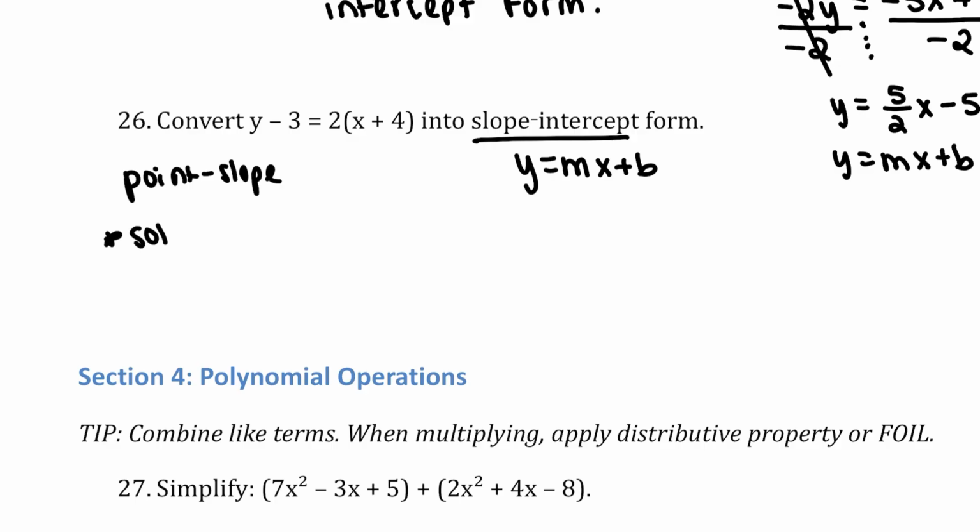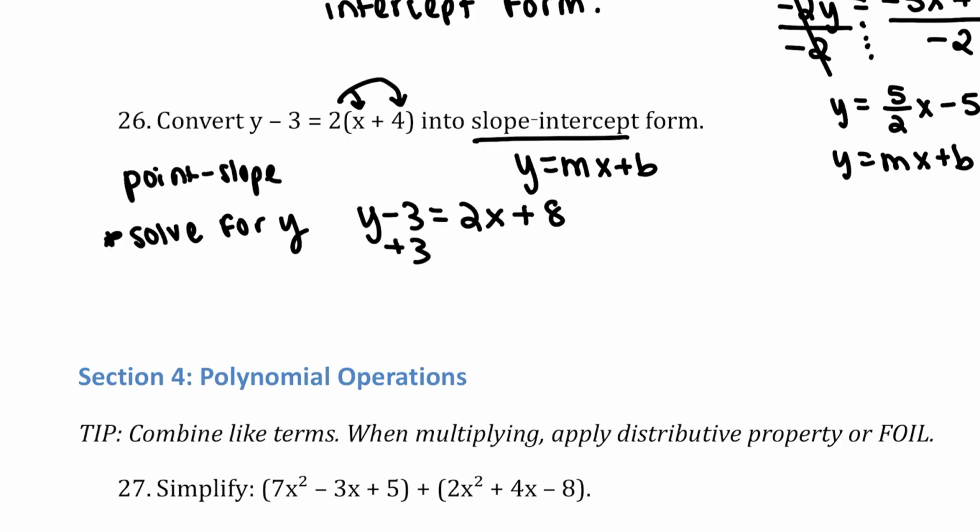In order for us to do that, we need to distribute 2 times x and 2 times 4. So we're going to have y minus 3 is equal to 2 times x, which is 2x, and 2 times 4, which is 8. And then we use our inverse operations to get y by itself. So we're going to add 3, since there's a minus 3 next to it. Add 3 just once on either side of the equal sign.